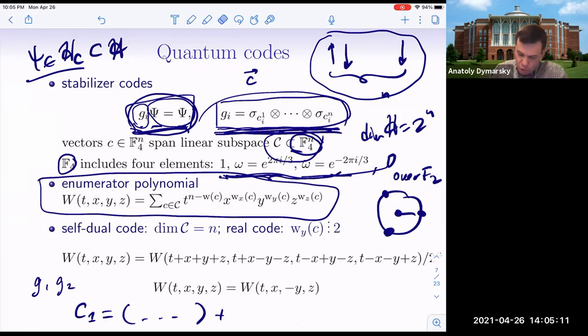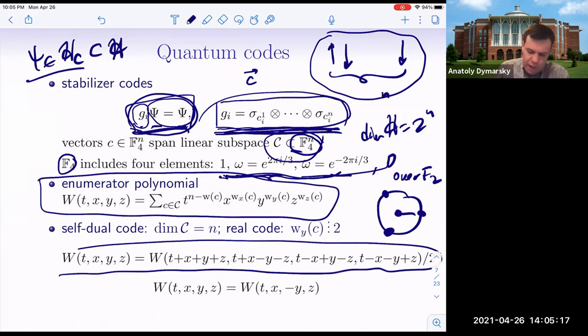And then you still can define codes, and self-dual codes will satisfy this algebraic identity, which is called MacWilliams identity. And then you can also define a real code. And a real code means that all of these generators as matrices will be real valued.